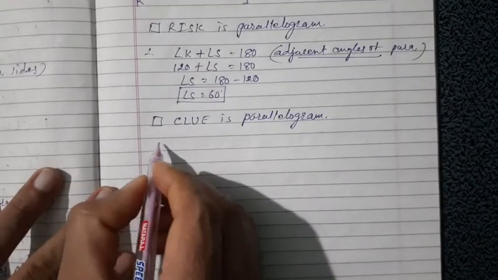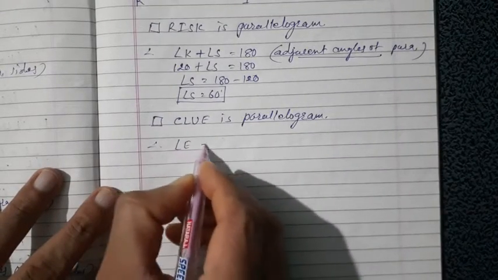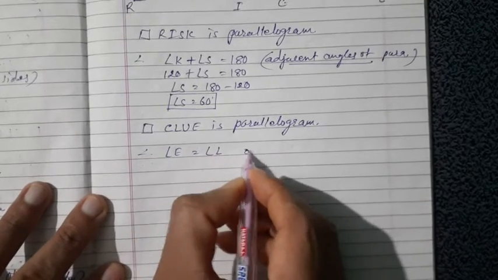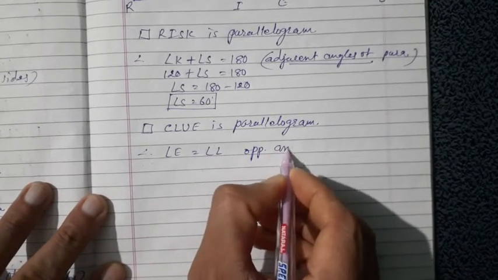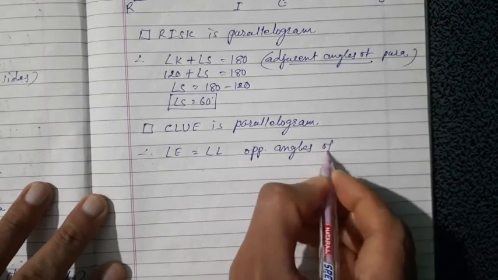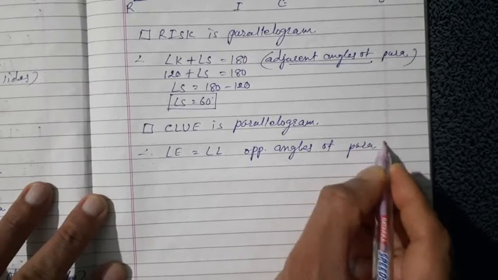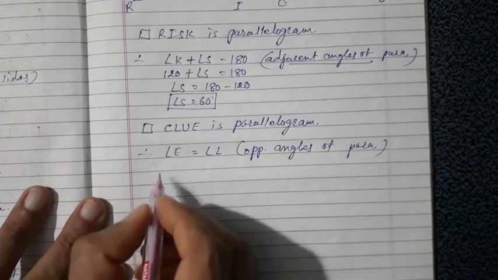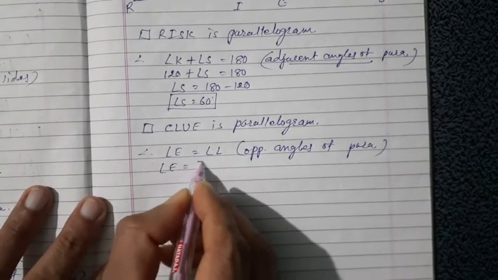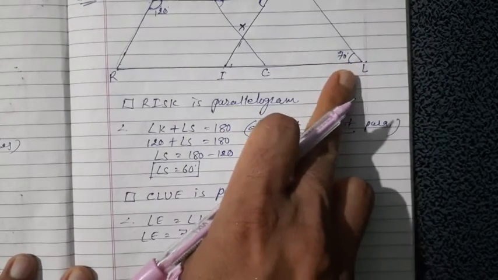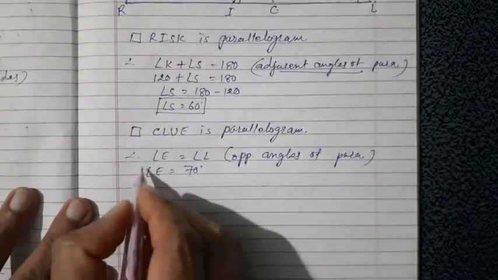So they are equal. Therefore angle E equals angle L because they are opposite angles of a parallelogram and opposite angles are equal. So angle E equals 70 because L equals 70 is given.